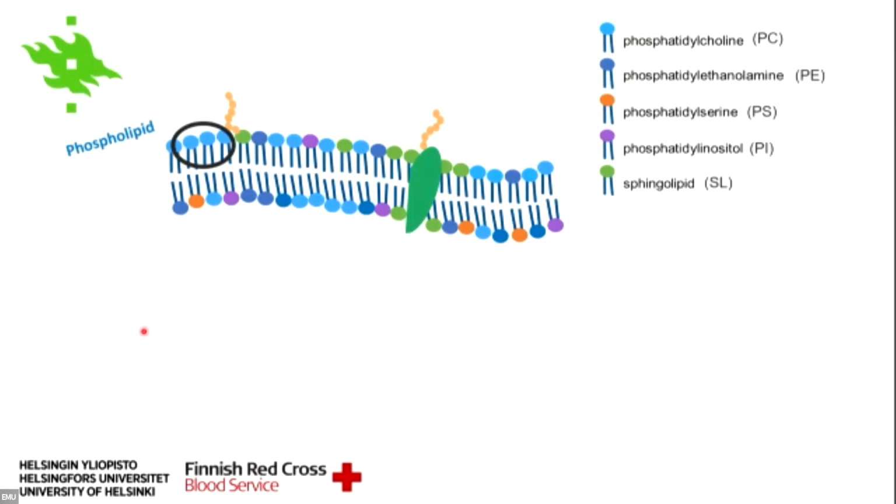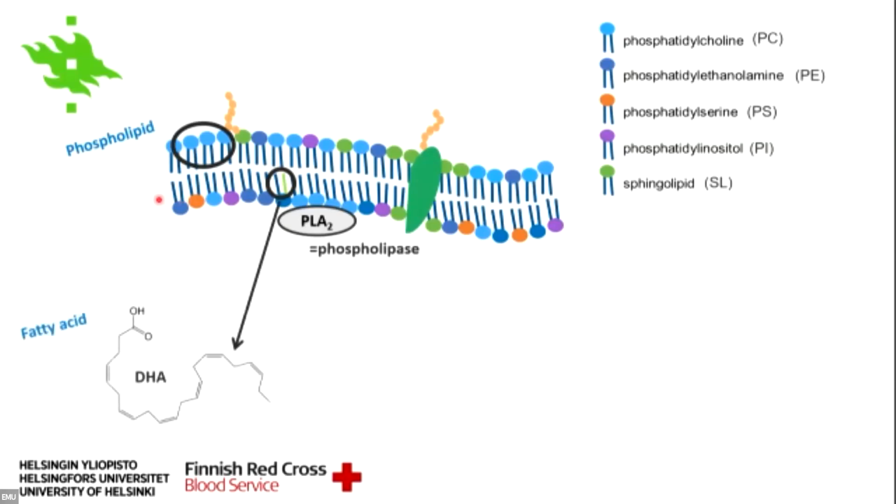Now we have the phospholipid here. It has the head group and two fatty acid tails, and those fatty acids can be remodeled. Now there is this blue fatty acid here, but it can be cleaved away, for example, with a phospholipase A2, and then another fatty acid can be inserted into the membrane. This is how the lipids are remodeled constantly.